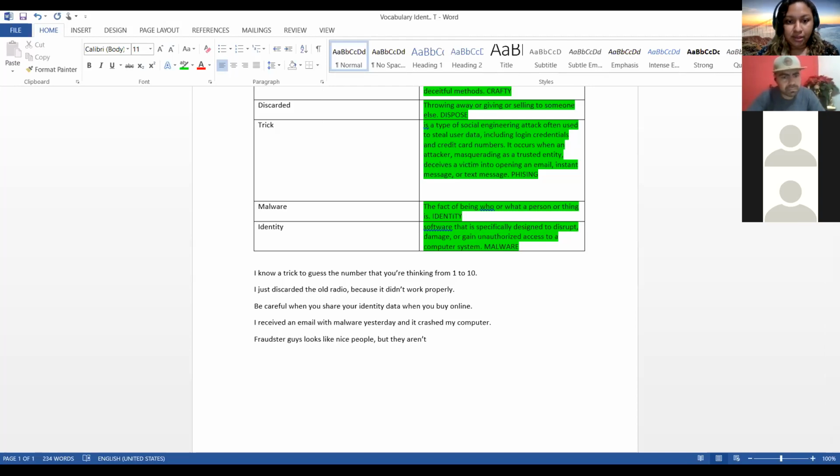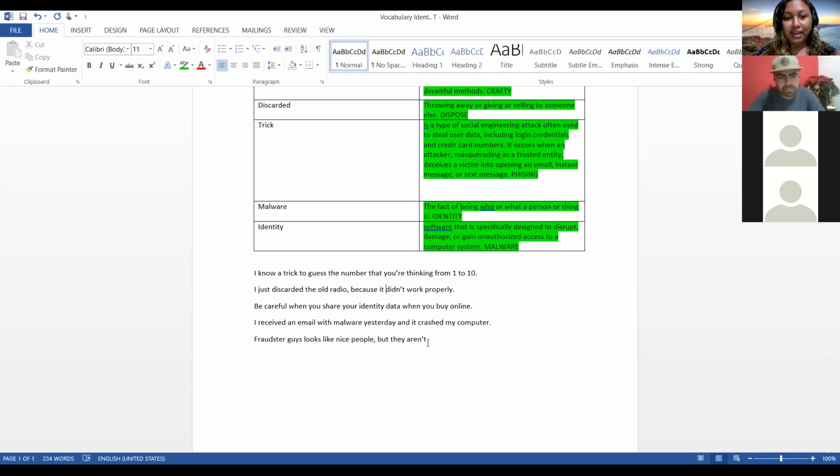Then an observation with the last one. A fraudster is a person that commits fraud, right? So in this case, fraudster is the noun, like saying the banker, the baker, the teacher, the soccer player, the sports player, the swimmer.